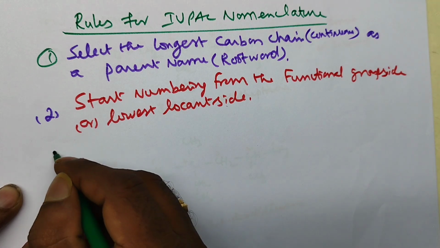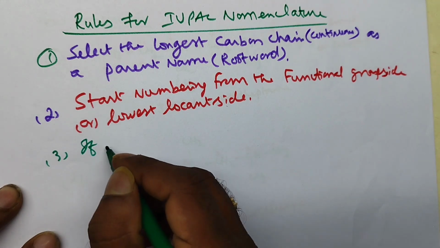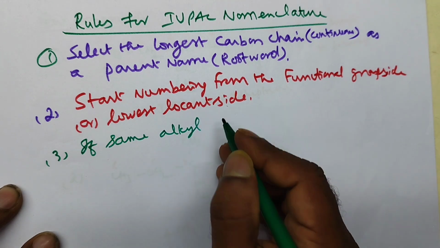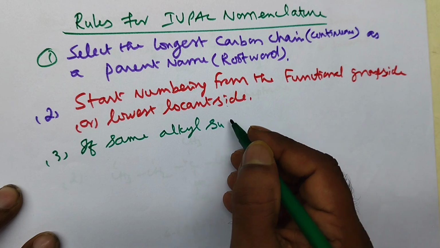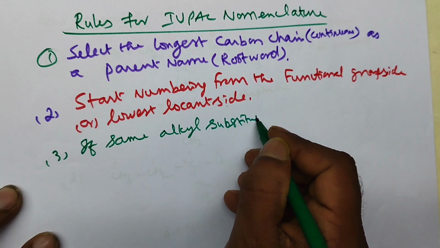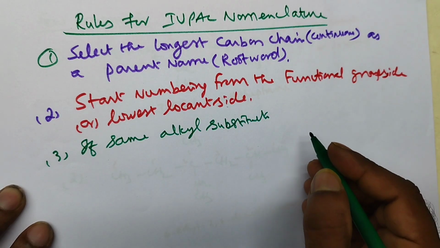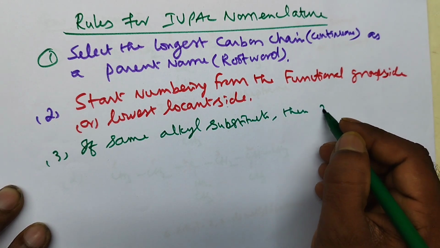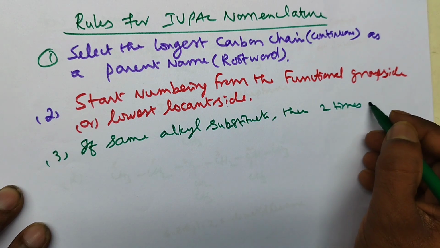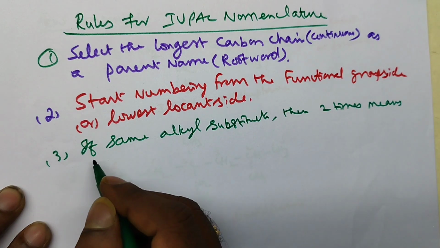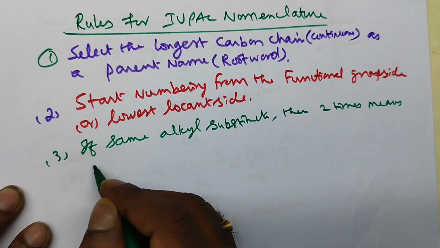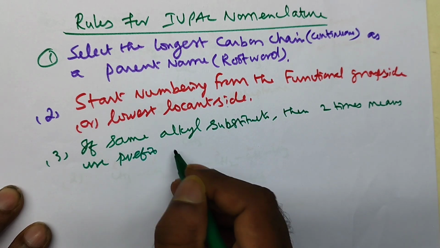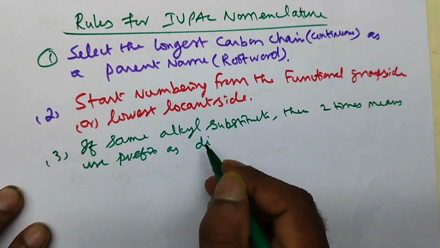Third one: if there are the same alkyl substituents, or any other substituents, occurring 2 times, use the prefix di.